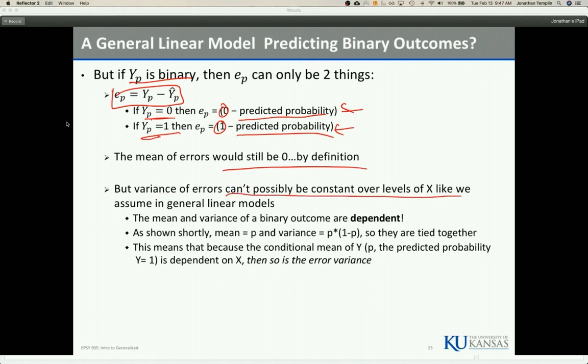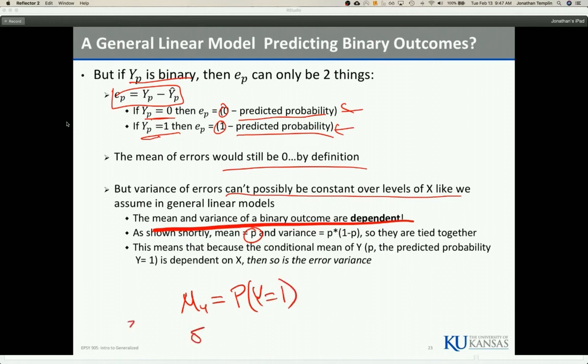be constant over levels of x, like we assume in the general linear model, because what we're really after here is that the mean and variance of a binary outcome are dependent. Right? The mean is the probability. So mu of y is equal to the probability that y equals some number, 0 or 1 or something like that.